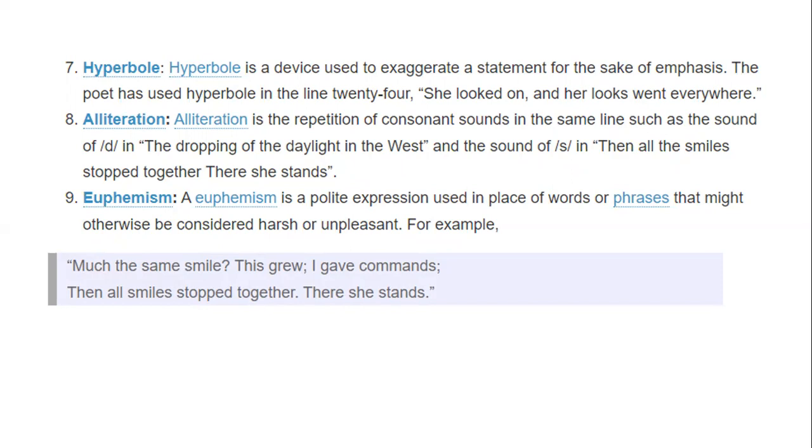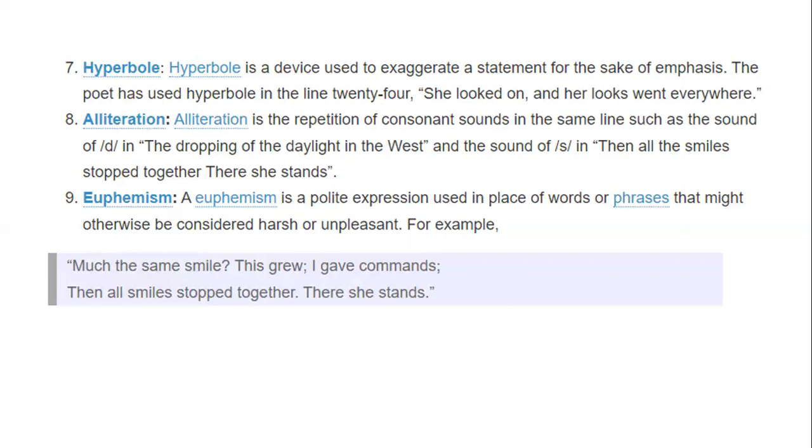Then we have alliteration, simply repetition of similar sounds, not exactly consonant sounds. These sounds could also be vowel sounds. And specifically when there's a repetition of vowel sounds, we call that assonance. Then we have euphemisms. Euphemism is simply a polite expression for something heinous or something very grave, very serious.